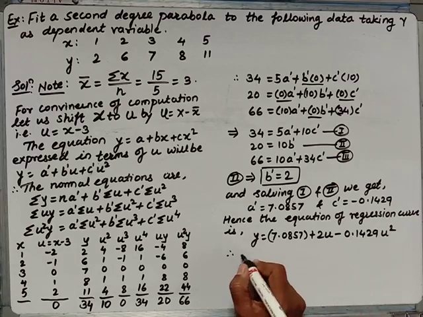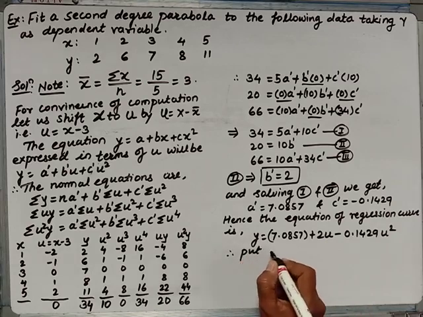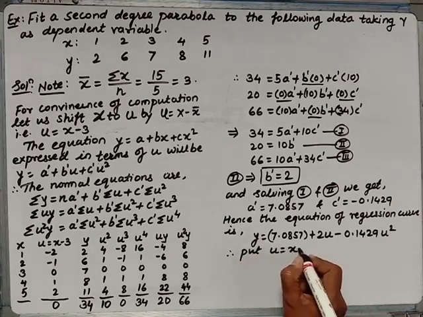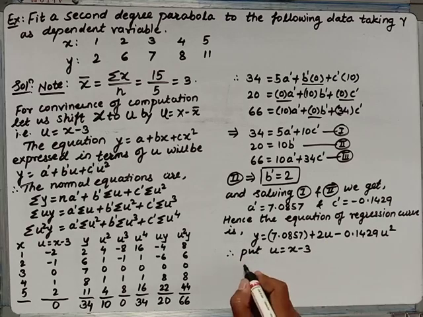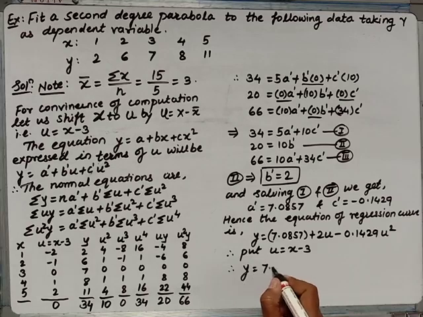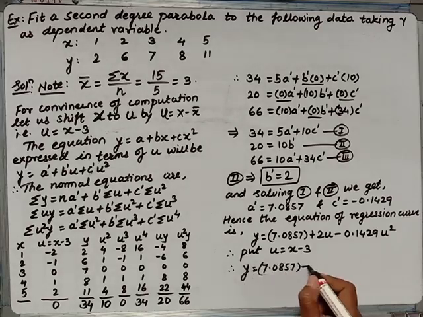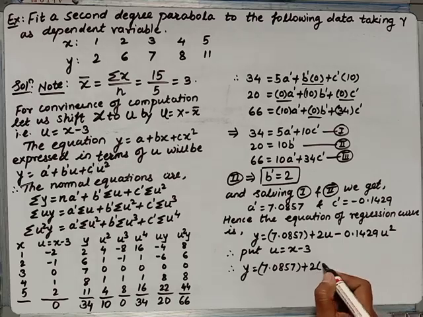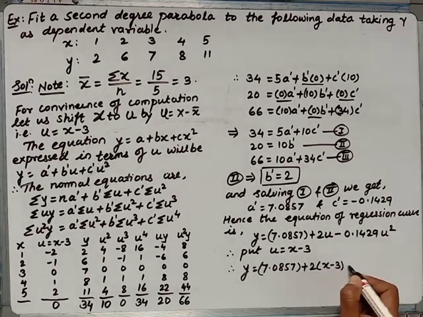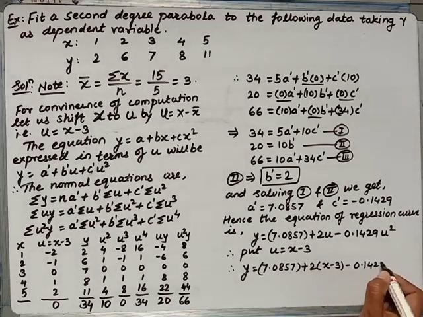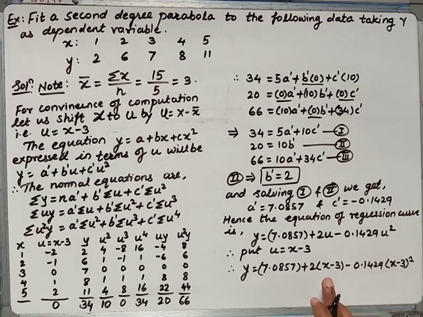Therefore, put u equal to x minus 3. Y equal to 7.0857 as it is, plus 2 into x minus 3, minus 0.1429 into x minus 3 square.